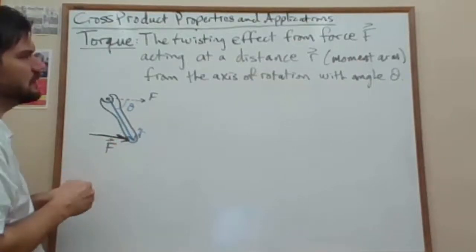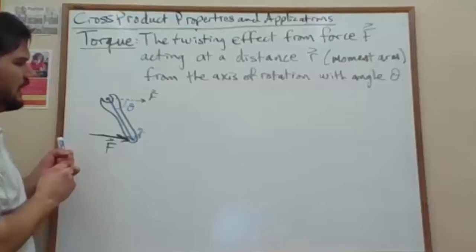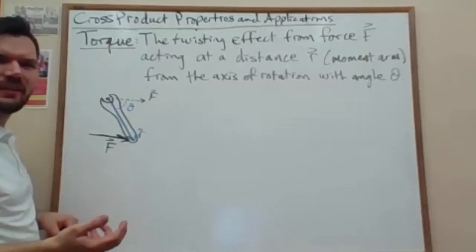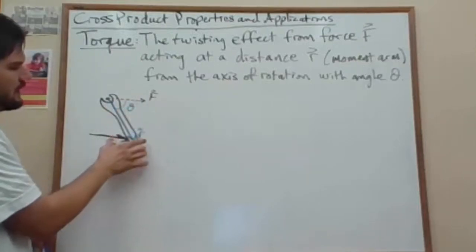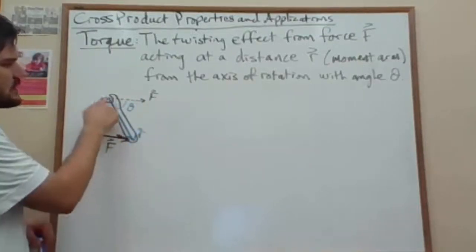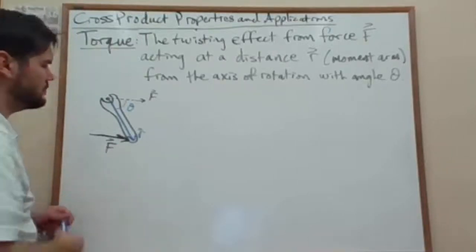It's easiest to see what the angle looks like if we move F, copy it over so that r and F start at the same place, basically drawing them from the same origin.